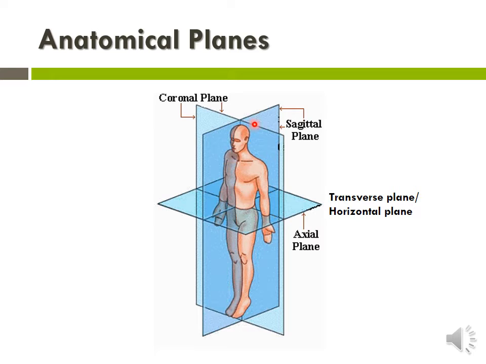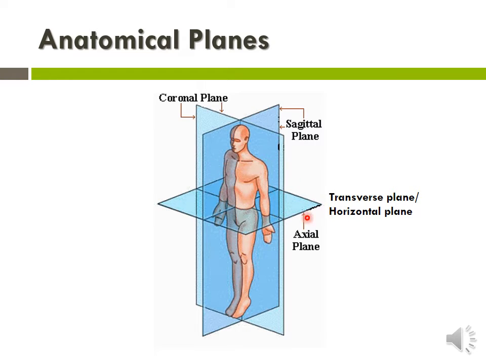So when you cut across the sagittal plane, you will get two equal halves of the body, right hand side half and left hand side half, and both will be equal in structure, right? But when you cut across the coronal plane, you will not get equal parts, meaning similar parts. The posterior part will be different from the anterior part.